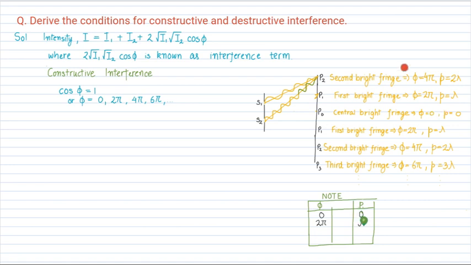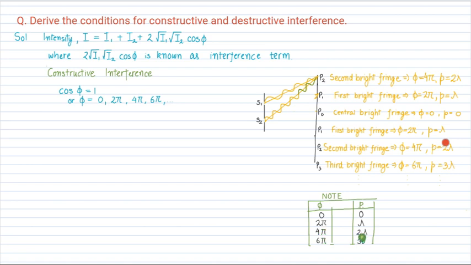Now look at the third case. When the phase difference is 4 pi, path difference is how much? 2 lambda. Right? In a similar manner, I can write if it is 6 pi, then it is 3 lambda.